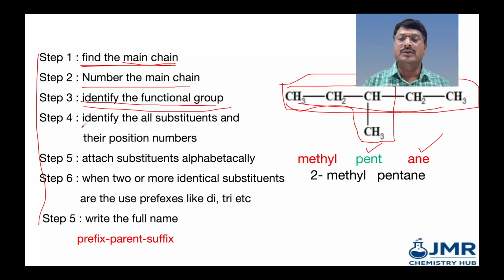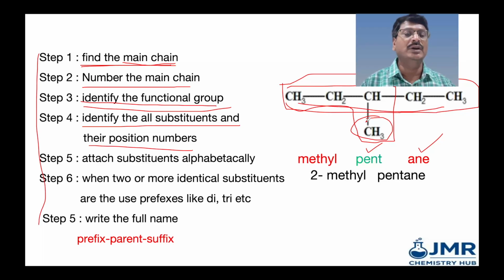And after that you have to identify the substituents and their positions. So here it has the CH3 substituent. When it has a substituent, you have to give the numbering. There are two possibilities to give the numbering: you can number from this side or this side. Which side do you select?